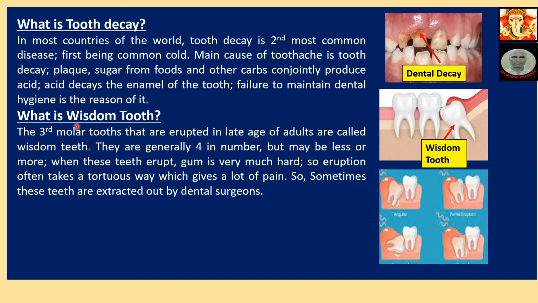What is the wisdom tooth? The third molar teeth that erupt in the late stage of adulthood are called wisdom teeth. They are generally 4 in number, but may be fewer or more. 4 means one in each quadrant: upper left, upper right, lower left, lower right. When these teeth erupt, the gum is very hard, so eruption often takes a tortuous way, which gives a lot of pain.